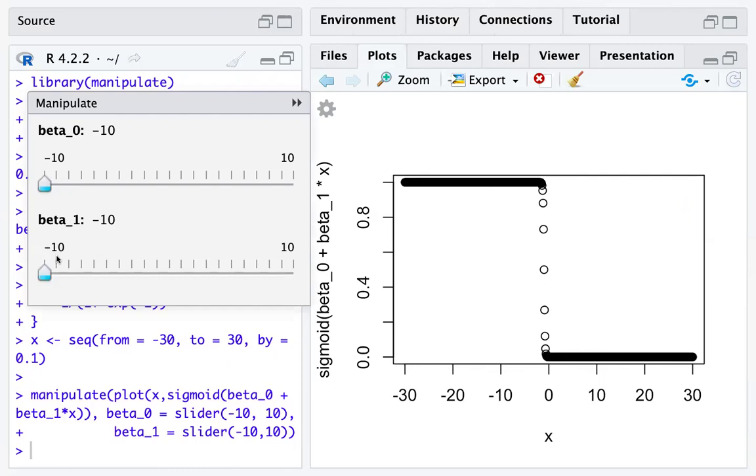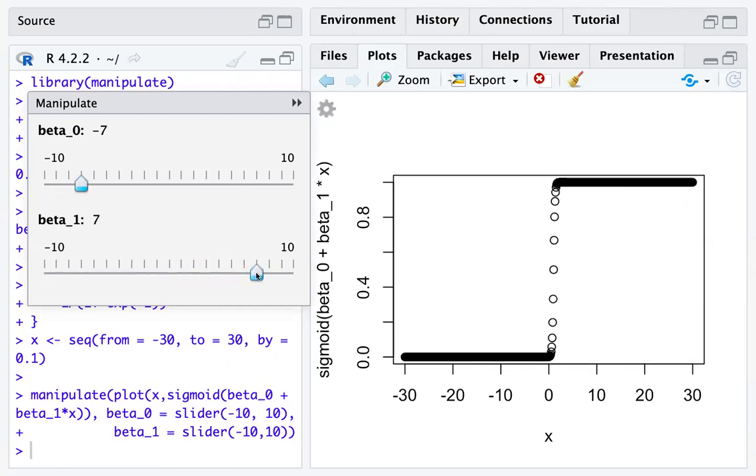Now beta 0 is simply a translation of this function. You see, this function is in between 0 and 1. Let's take beta 1 positive, for instance 10, and let's vary beta 0.